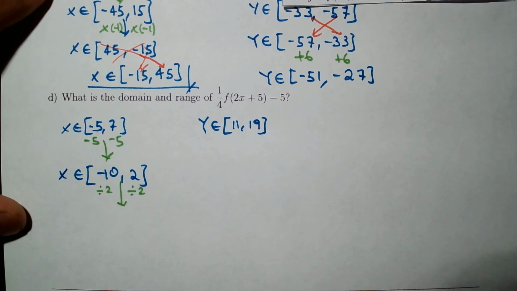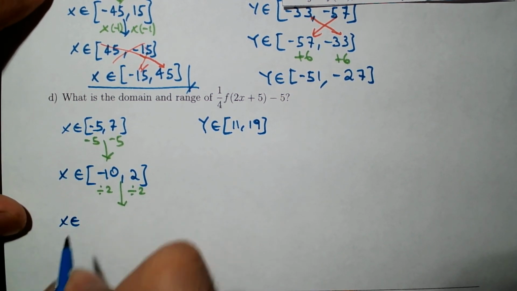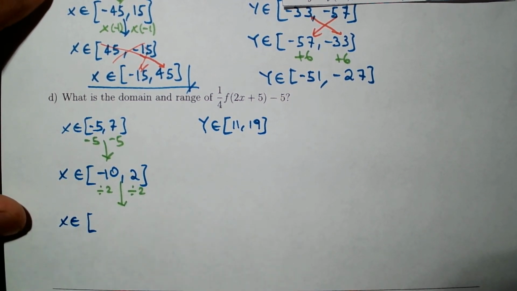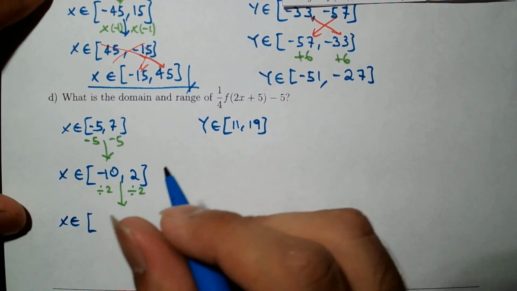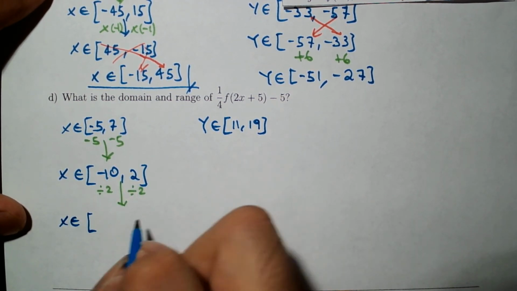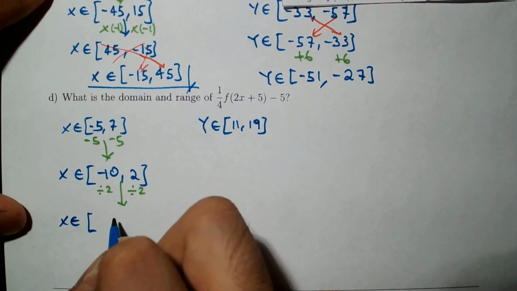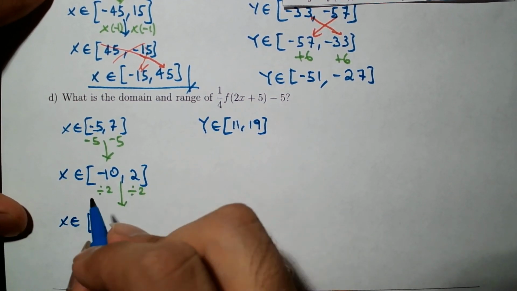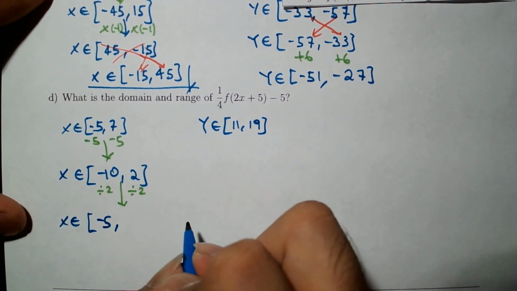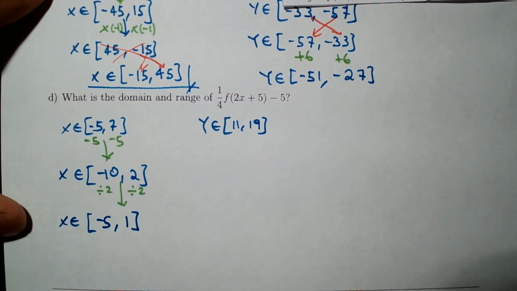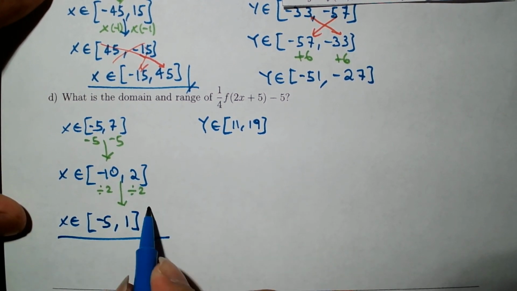So x belongs to -5 to 1, and that is the new domain.